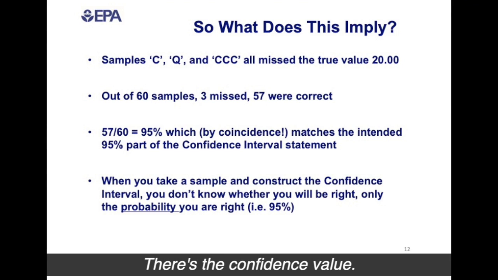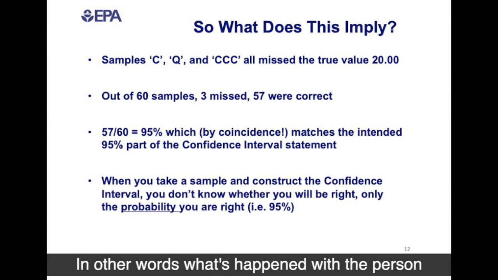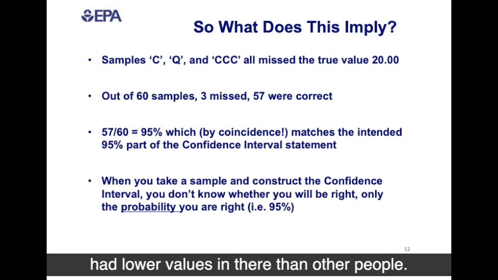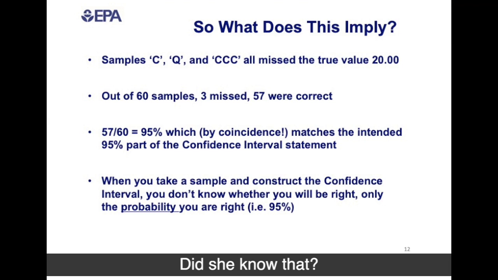Aha! But there's a confidence value. That's right. What's happened with the person that got data set C is that, by chance, she had lower values in there than other people. Did she know that? No, she didn't. And so when she calculated her 95% confidence interval, she was 95% sure she had captured the true value.